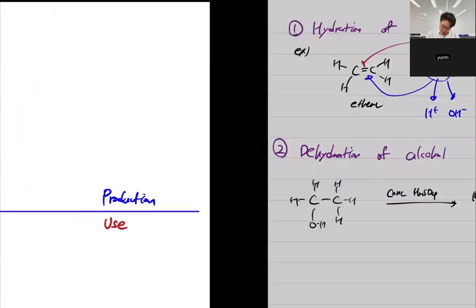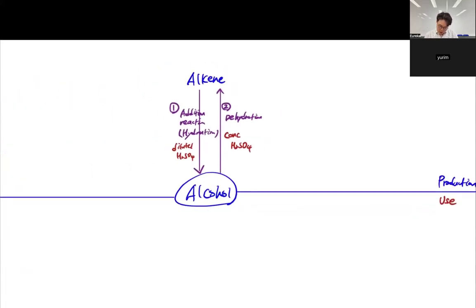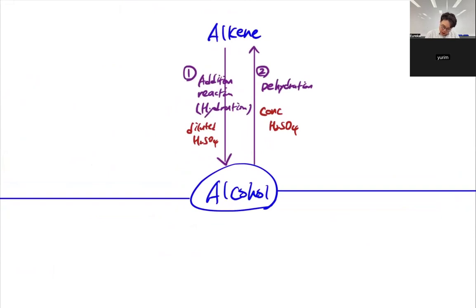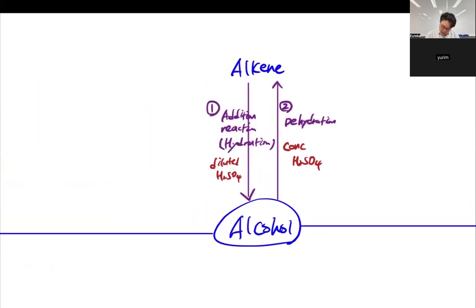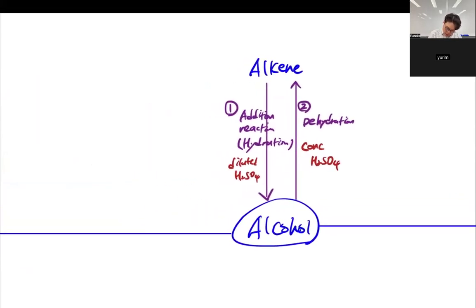No. Good. All right. Another method that we can produce alcohol is to start off from something known as haloalkane. So haloalkane is simply the alkane with single bonded carbons with basically just one halogen attached. An example would be chloroethane.